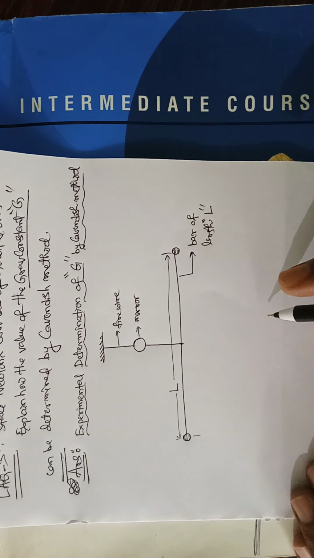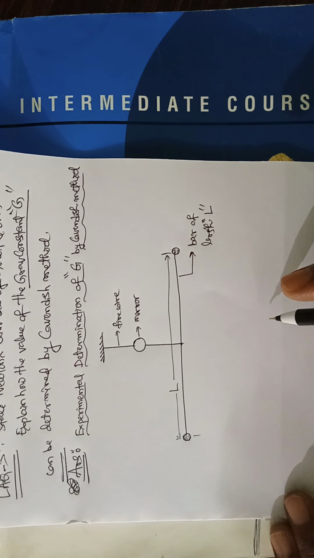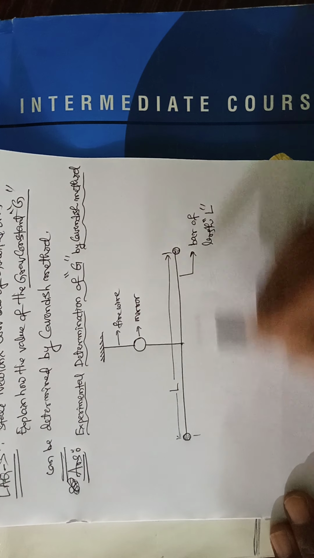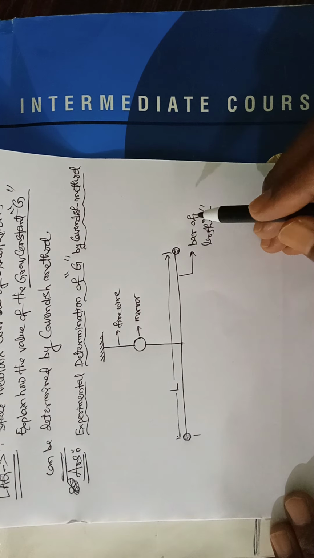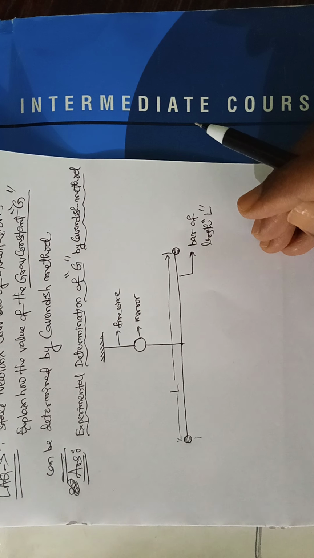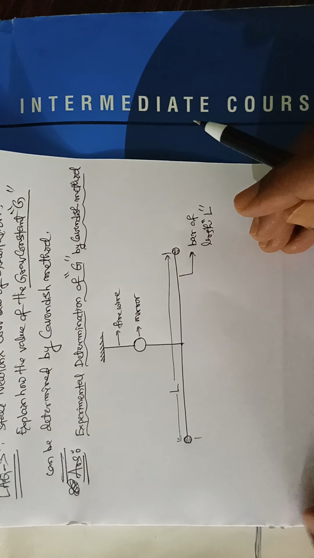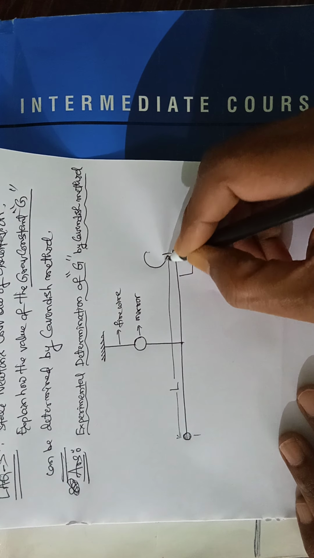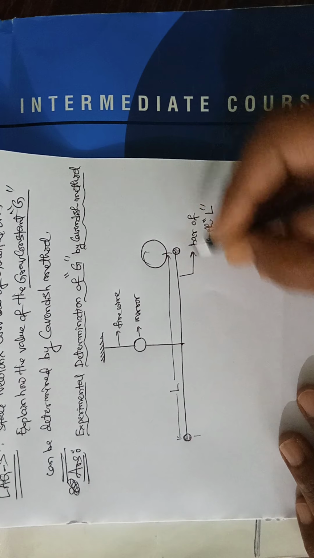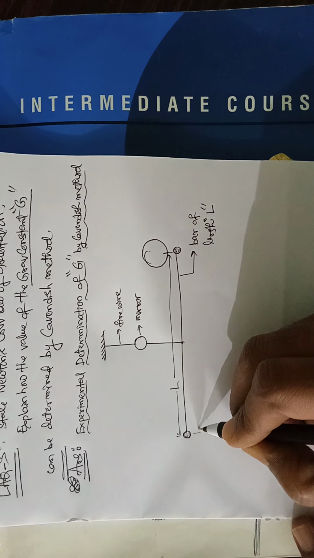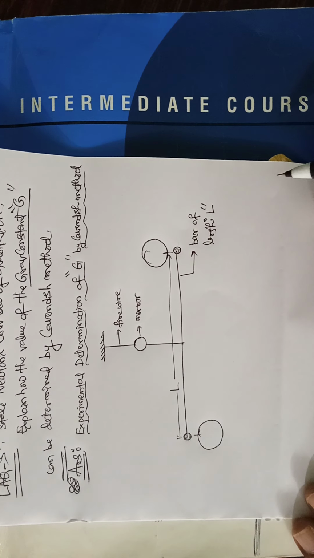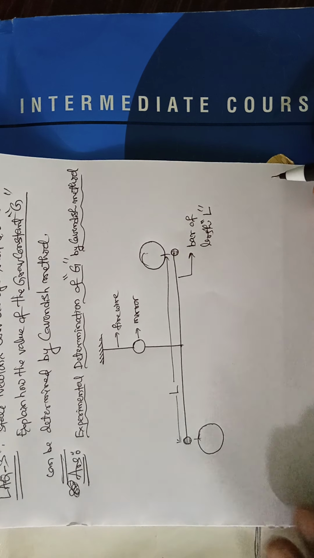Now, how do they do the experiment? See, these are the small lead spheres. Just beside them, large lead spheres are kept.